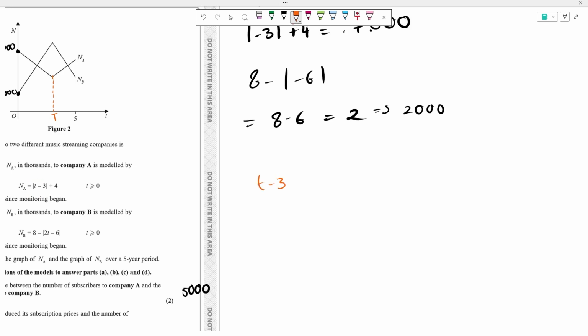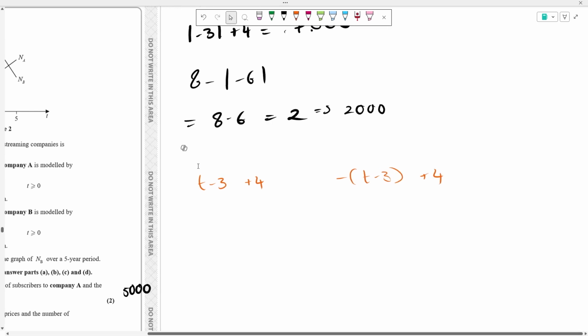So you can have t minus 3 plus 4, and you can have minus t minus 3 plus 4. This equation is going to be t plus 1, and this equation here is going to be minus t plus 3 plus 4, which gives you plus 7.